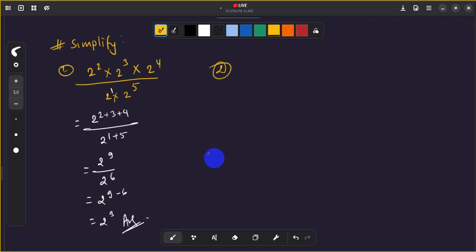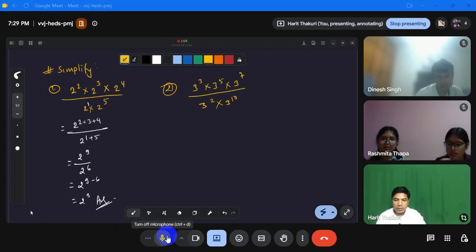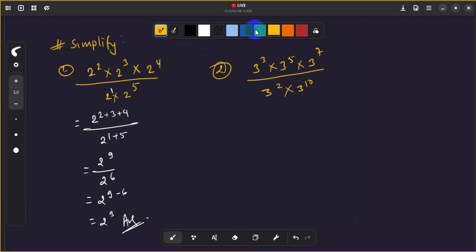I will give you the same type of question. 3 cube into 3 power 5 into 3 power 7 divided by 3 square into 3 power 10. Okay, do this question. What is your answer? 3 cube.